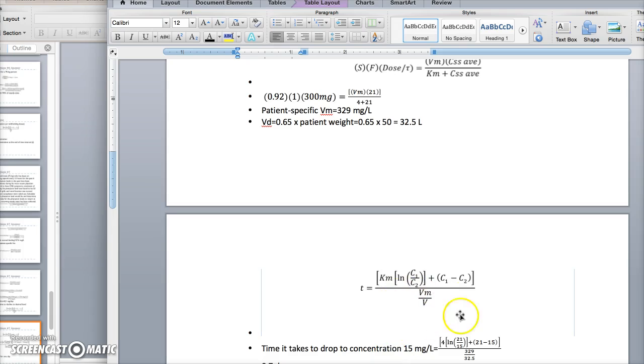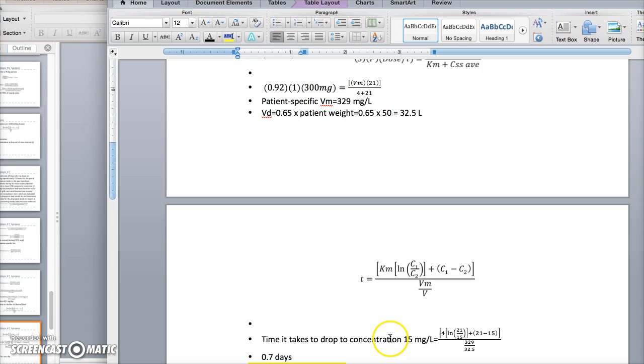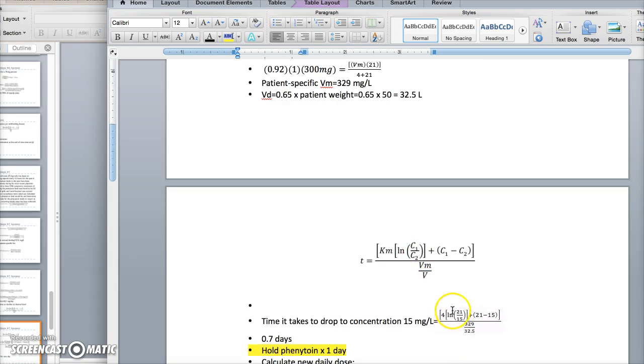And I got this equation for the time it takes to drop the concentration to 15 milligram per liter. So this is how I plugged in. C1 is the adjusted level, 21, and C2 is where you want to get to, which is 15. I want to calculate how long it takes for the concentration to drop from 21 to 15 milligram per liter.